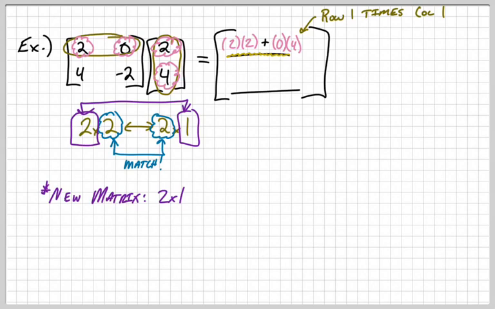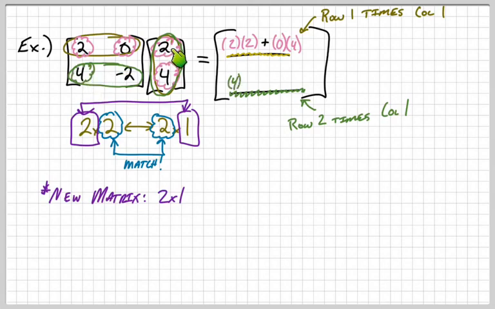How about down here? Seems like we still have another row to take care of, right? So I'm going to color code this one in green. Let's do the second row times our column. So in green, I want to do that row times the only column over here. So the 4 is going to get multiplied by the 2 there. Plus, we got to take care of the negative 2.